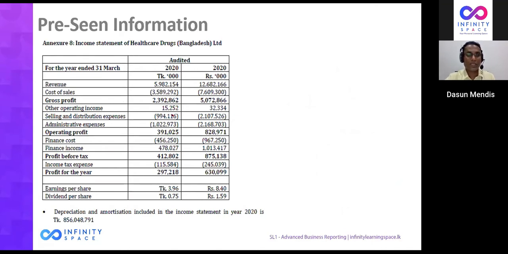The figures are given in takas as well as the rupee amount. All the items in the income statement have been converted at a rate of 2.12, maybe the average rate during the financial year. Then additional information about depreciation and amortization is given.